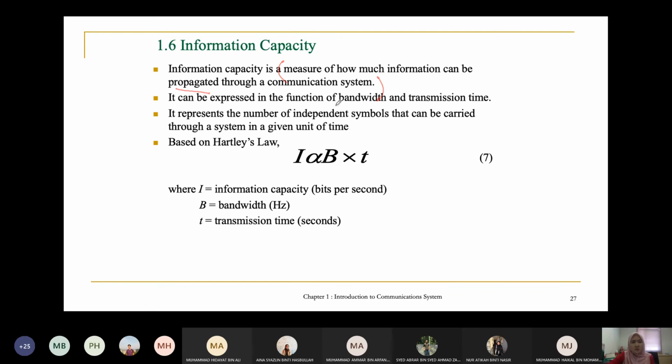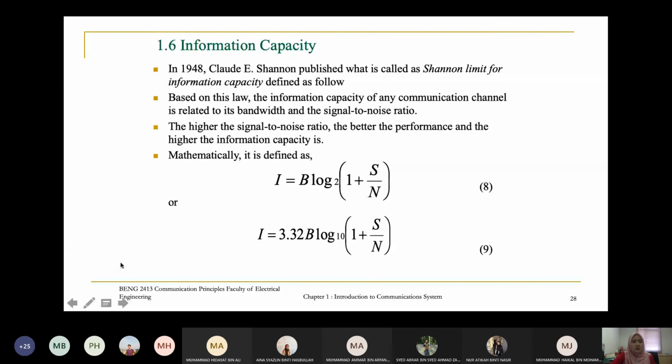It can be expressed as a function of bandwidth and transmission time. Over here, information capacity I is directly proportional to the bandwidth multiplied by the transmission time.